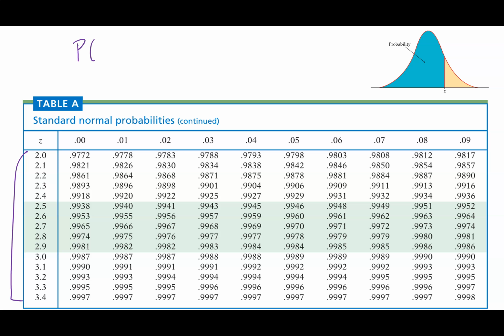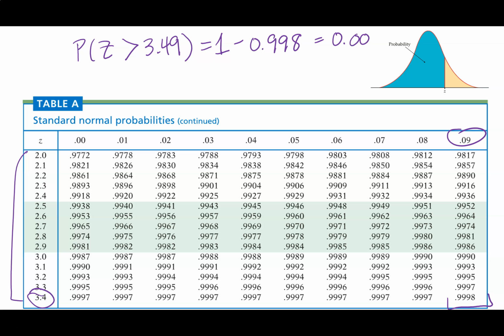So the probability that z is higher than 3.49, because this is the highest it gets here, right? It's going to be 1 minus that 0.998 equals 0.0002.